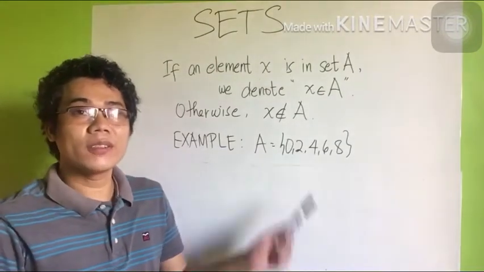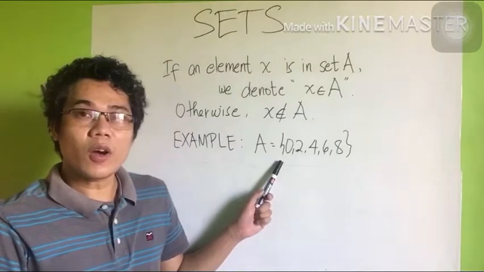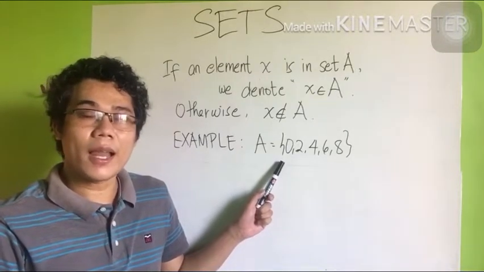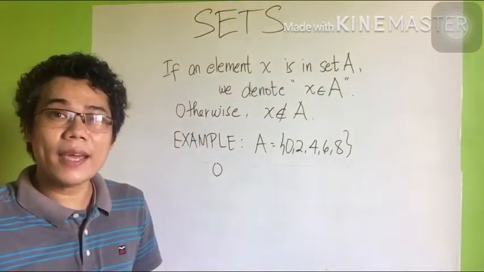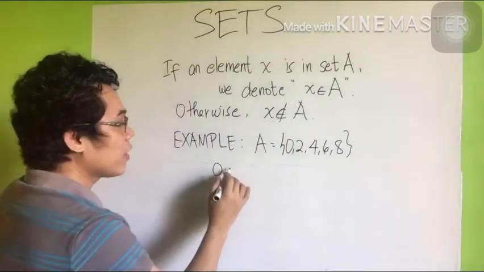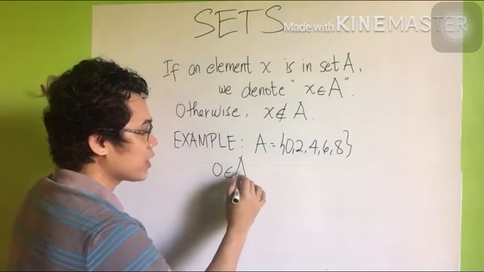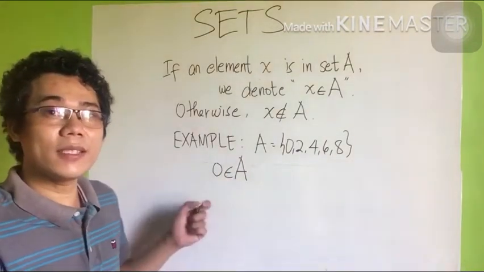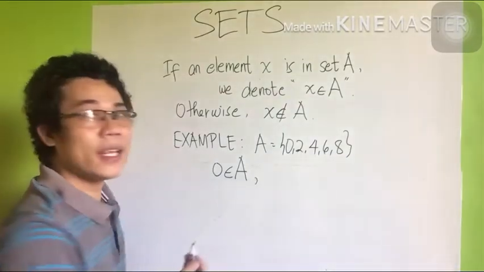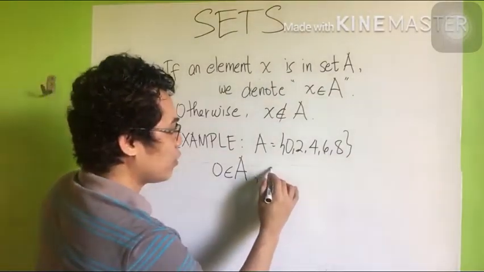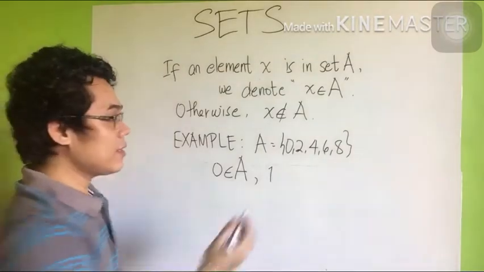For example, consider the set whose object are the even number less than 10. 0. Is 0 in the set A? So, nandoon siya. So, we will use this notation. So, this means that 0 is in the set A. Kapag naman hindi, so for example, 1 is not in the set.